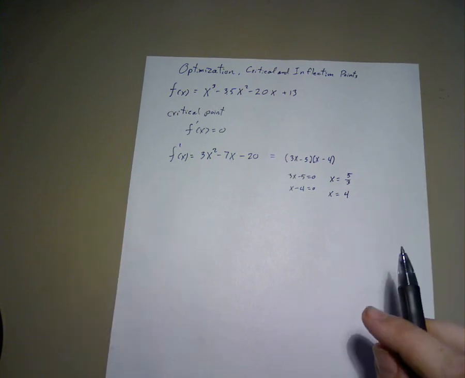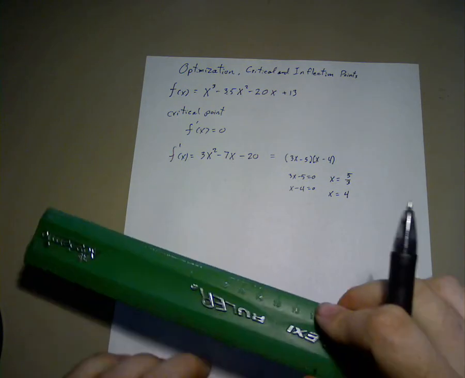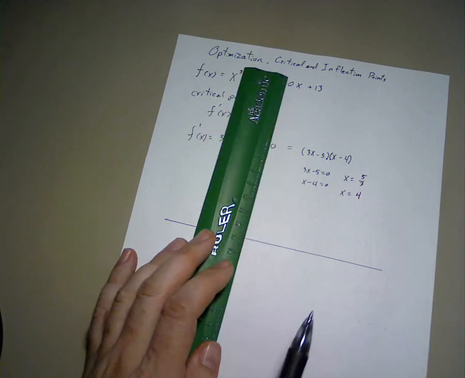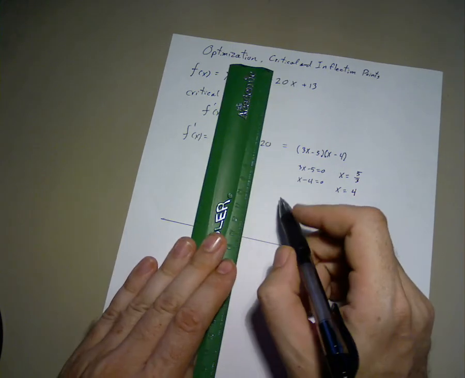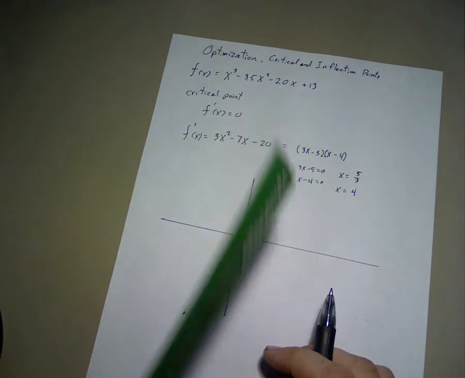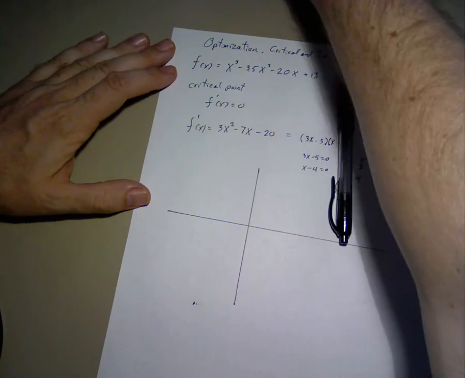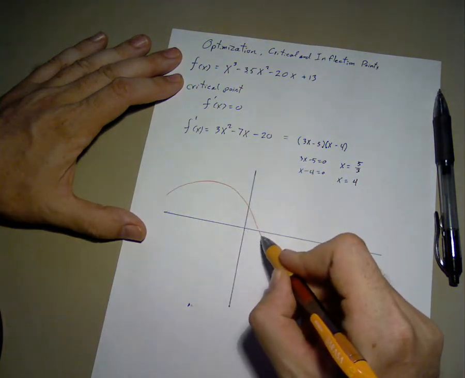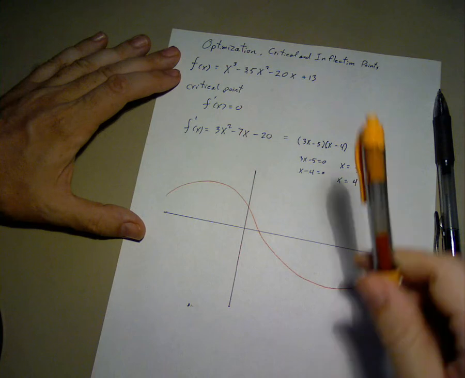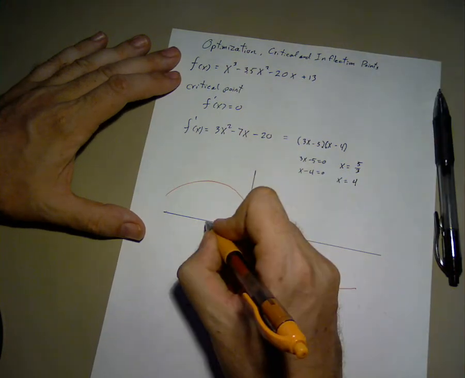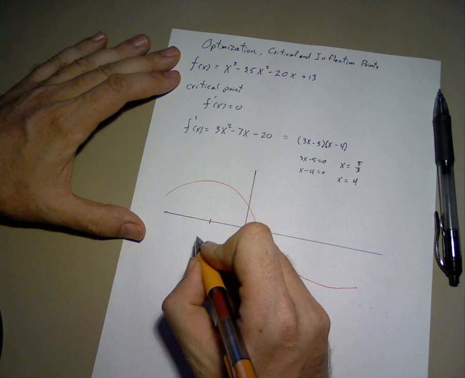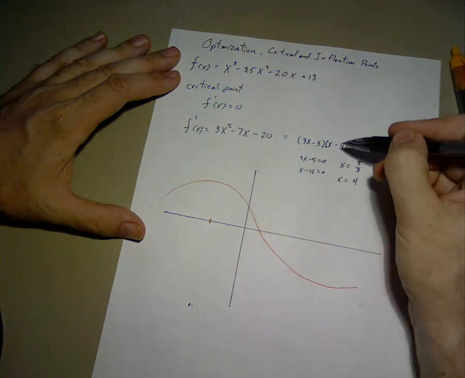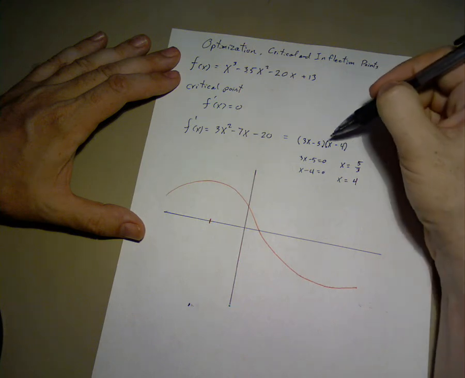If we want to know what the function looks like, we can graph the original function, and we will see that it looks a lot like this. Second, I am missing a minus sign up here, minus 5x.